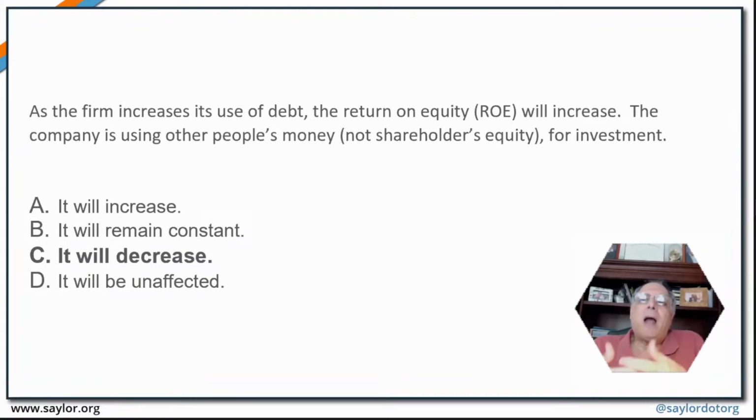And so the higher the cost. So we have to find, remember we talked about a couple of weeks ago, the optimal plan. And the optimal plan is the one that gives us just the right amount of debt and just the right amount of equity. So as we use less debt, the return on equity for shareholders decreases.